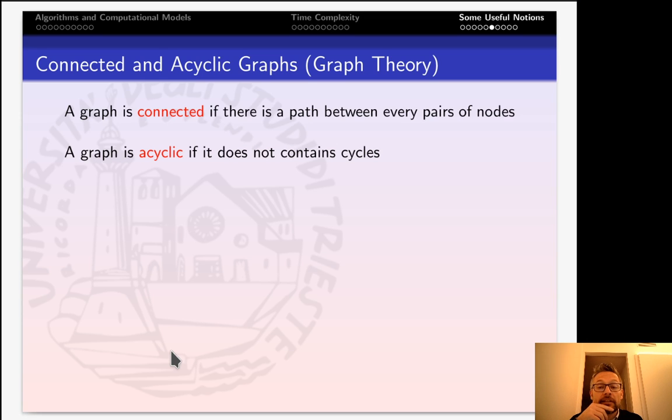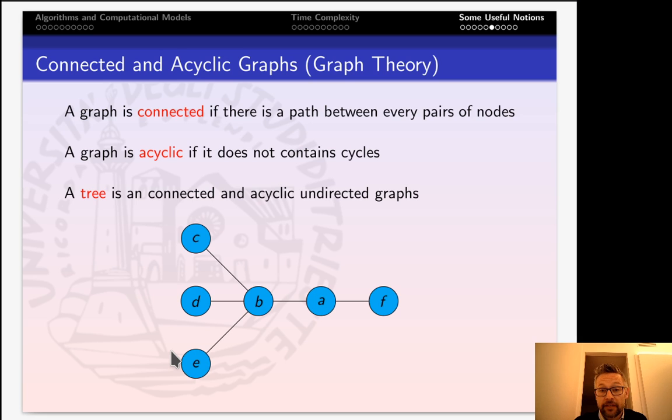So what's an acyclic graph? An acyclic graph is a graph which does not contain cycles. Okay? And what's a tree? A tree is a connected and acyclic undirected graph. Okay? So here you can see a tree. This is from a graph theoretical point of view.